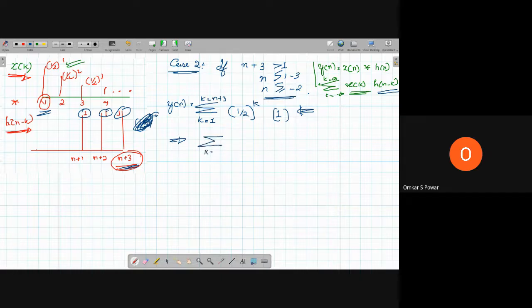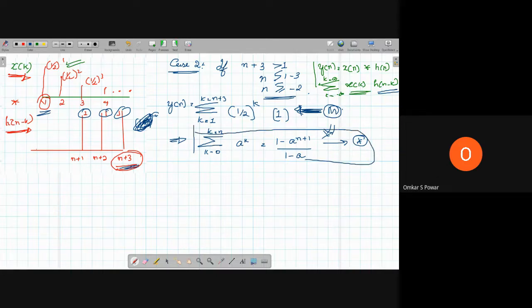Summation k varies from 0 to n, a power k is equal to (1 minus a power n plus 1) divided by (1 minus a). If we bring our main equation into this form, it will be easy for us to simplify. So my approach is to bring it into this form. Okay, so use this formula of star.